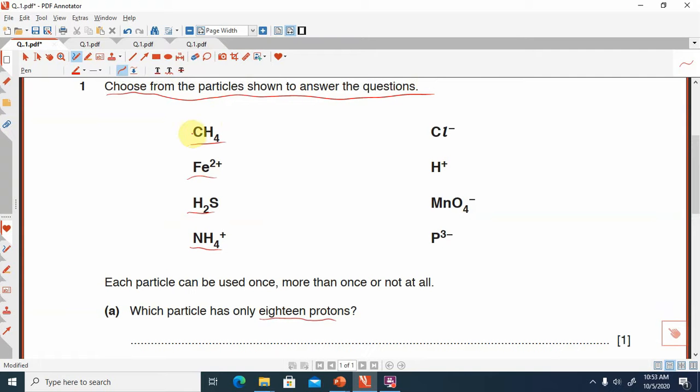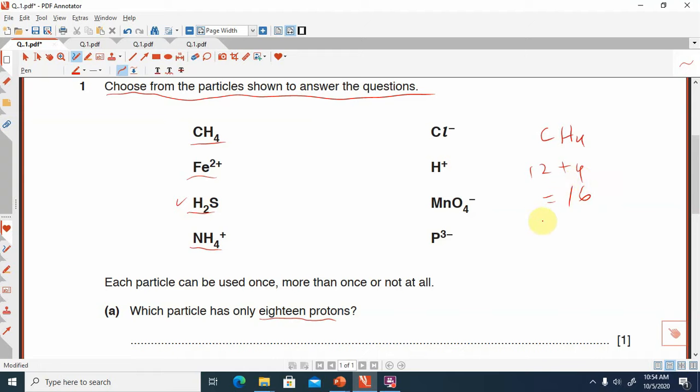Suppose for example we take methane. Carbon has 12, hydrogen has 4, so it will be equal to 16, right? And for example we take hydrogen sulfide.